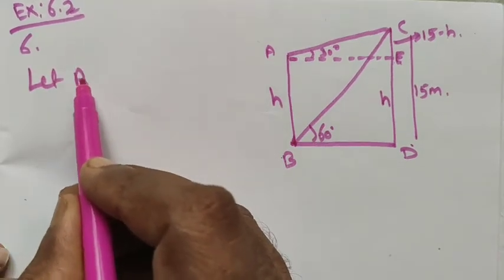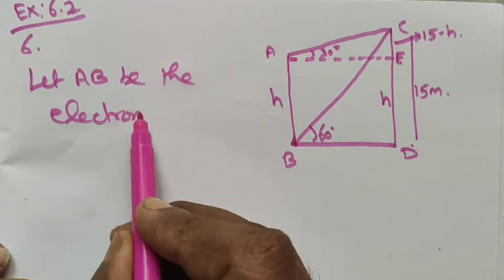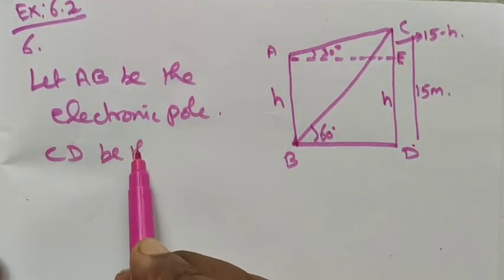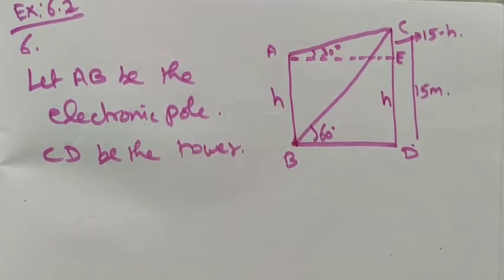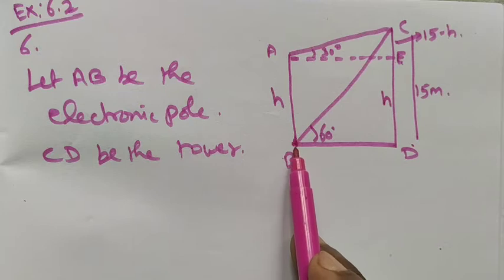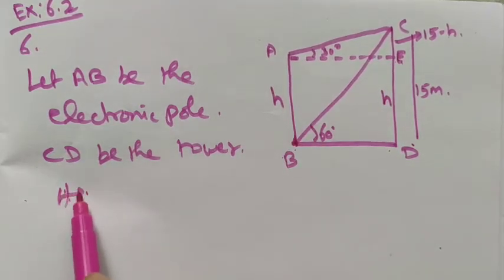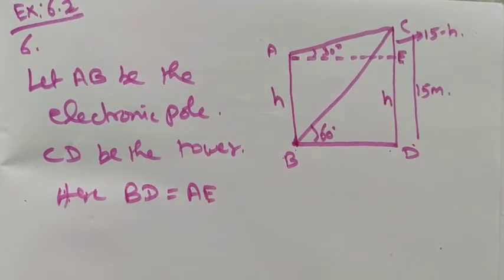So first we have to say: let AB be the electronic pole and CD be the tower. By the condition here, BD is nothing but AE. BD is equal to AE, right?